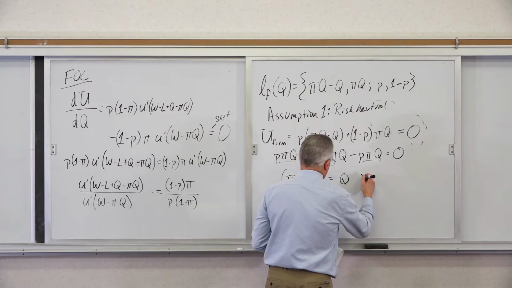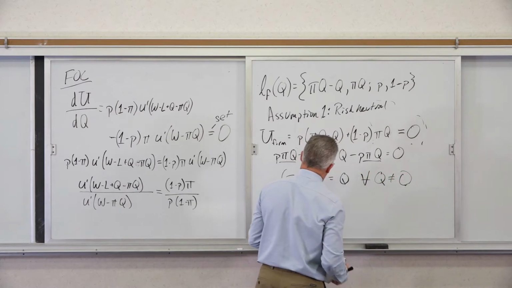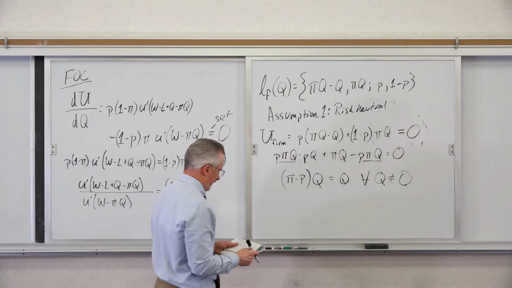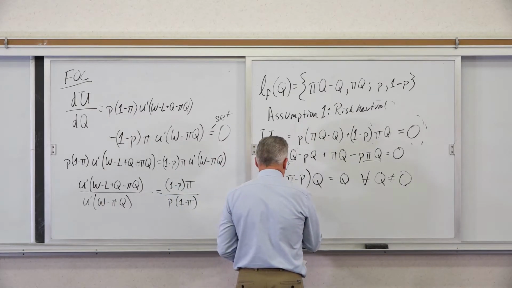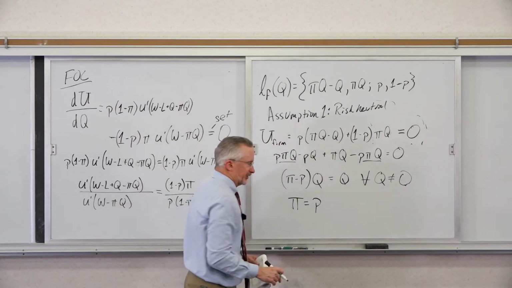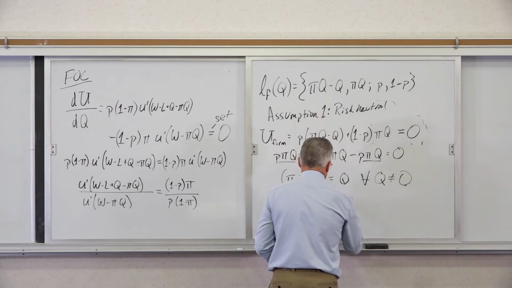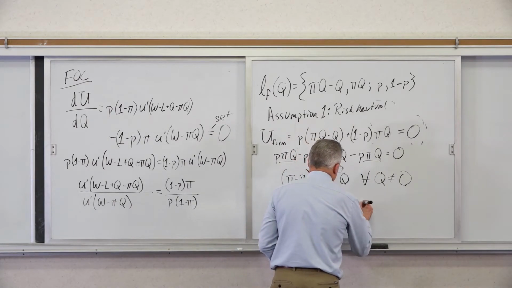And that's true for all Q not equal to 0. And therefore I know that pi equals P. Yeah, so what? That is an important principle that we call actuarial fairness.